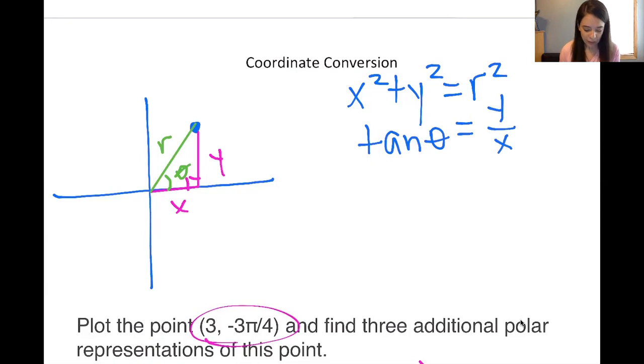These two equations are often grouped together and are very helpful when you know x and y, and they allow you to find r and theta. So if you know x and y, you can solve for r in this equation. If you know x and y, you can solve for tangent in this equation.